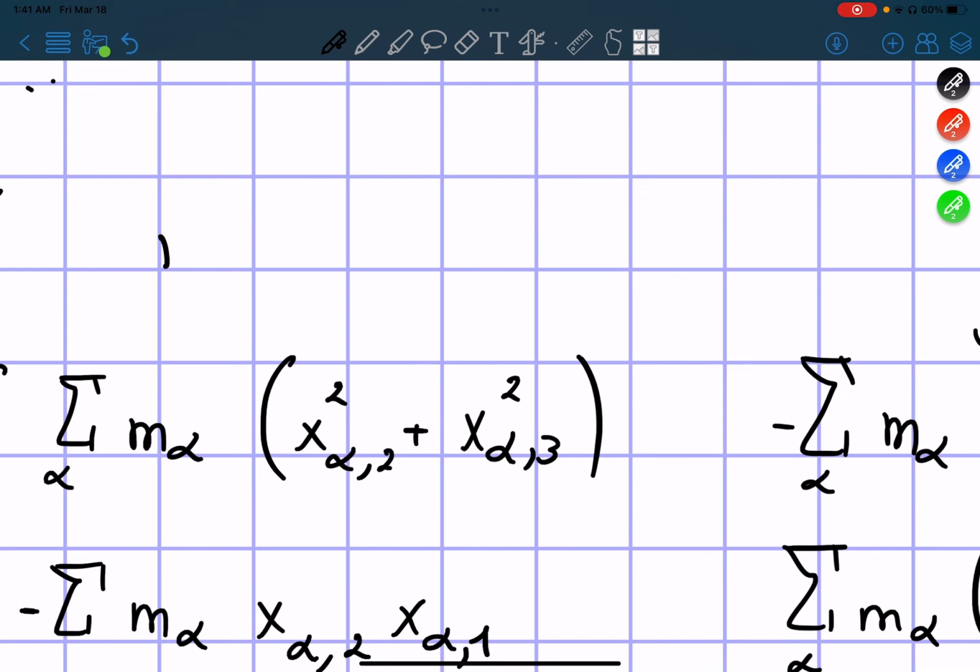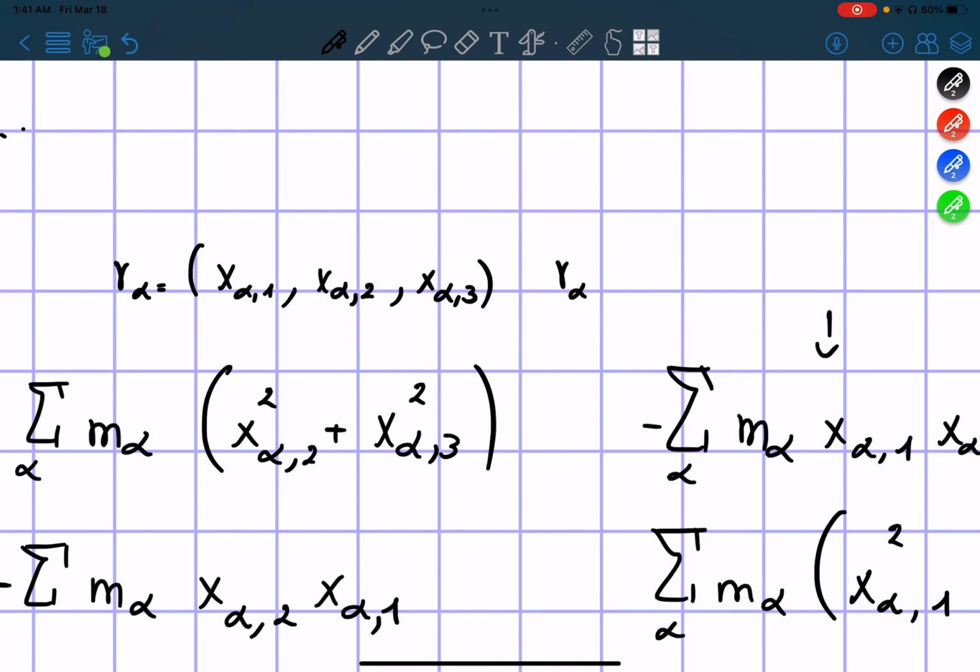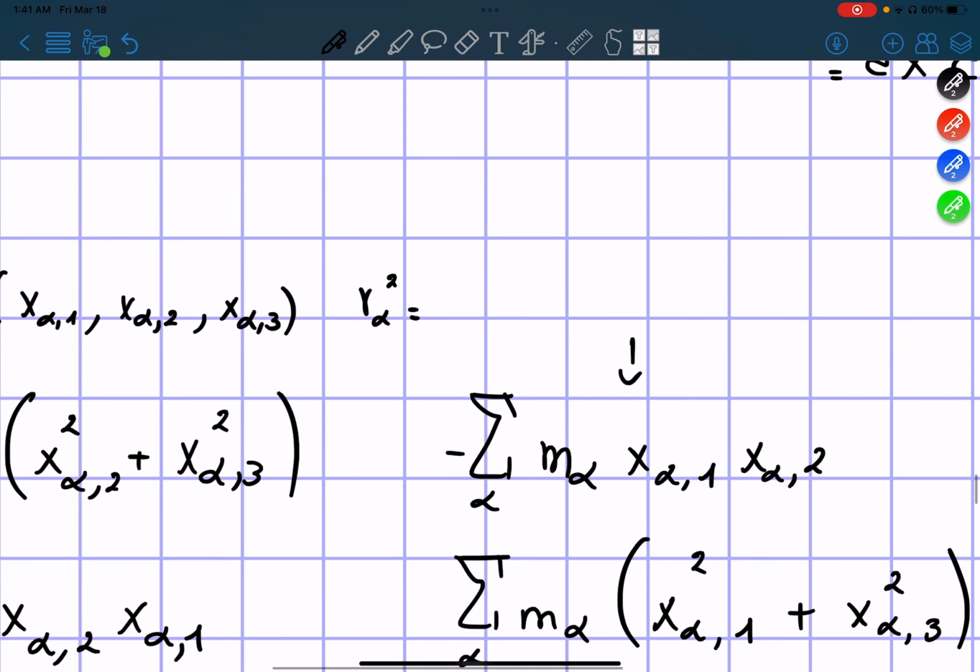If we think about it, r of alpha is equal to x of alpha 1, comma, x of alpha 2, comma, x of alpha 3. So r of alpha squared is equal to x of alpha 1 squared, comma, x of alpha 2 squared, comma, x of alpha 3 squared.